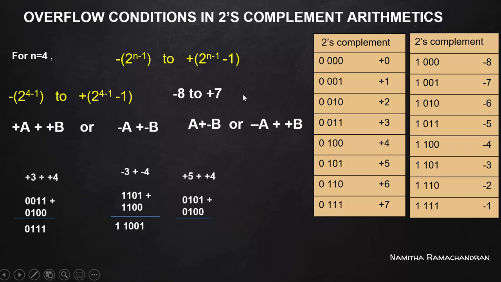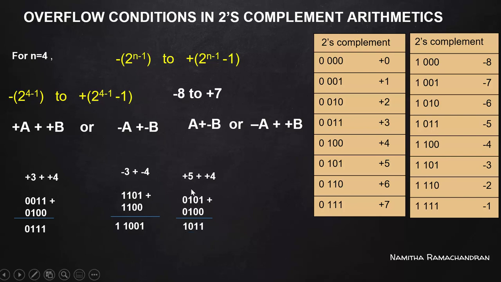This range is used here because we are considering number representation with number of bits equal to 4. But the sum value here is positive 9, which is not available in this range. We need a minimum of 5 bits for representing the 2's complement representation for positive 9.